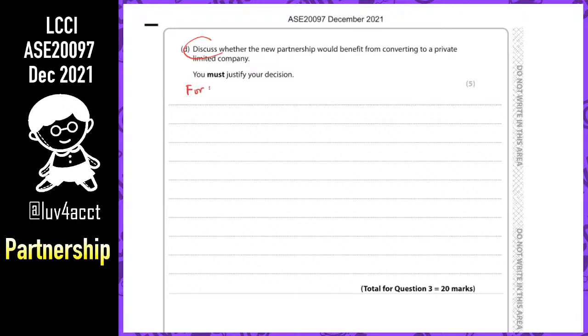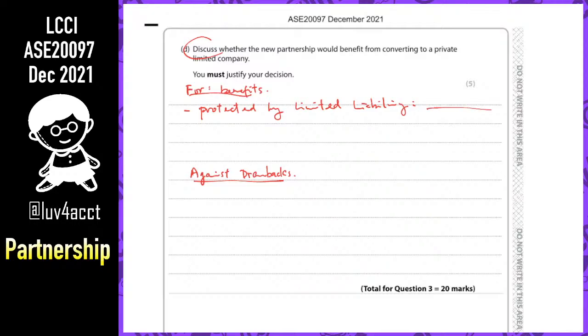That means there are more benefits, and then I would also suggest some drawbacks. The benefits are easy. Of course, you are protected. The partners are protected by limited liability. If you have to explain more, then you explain what limited liability is.